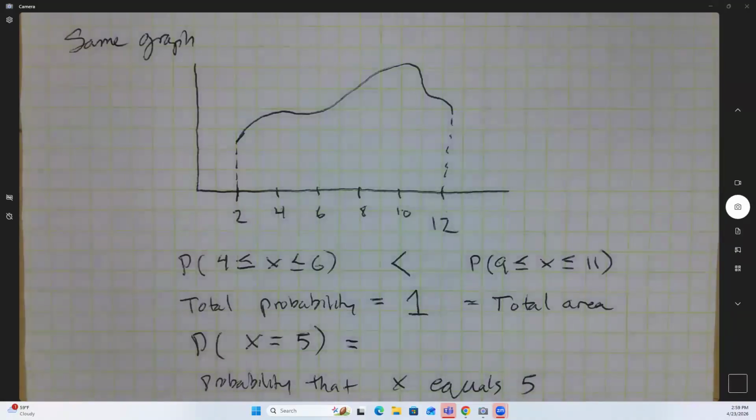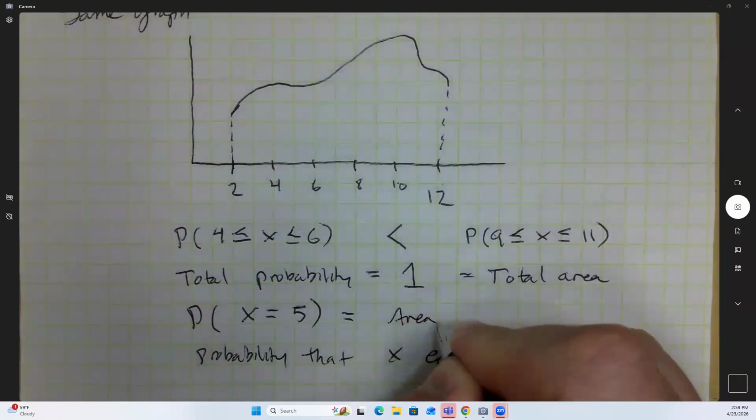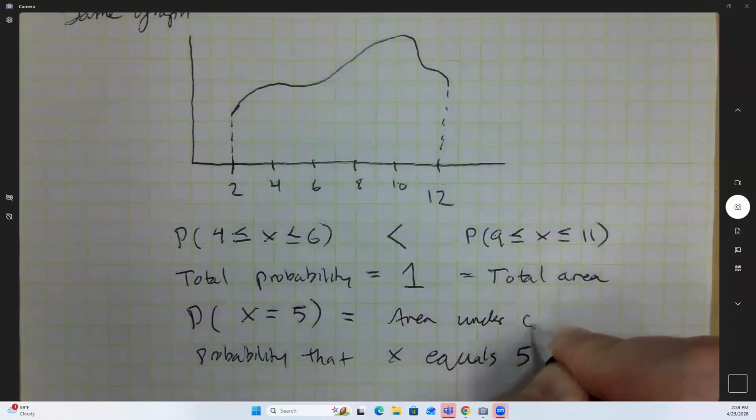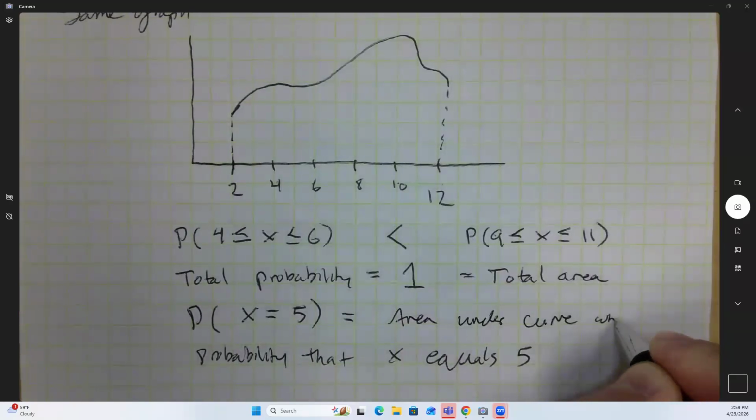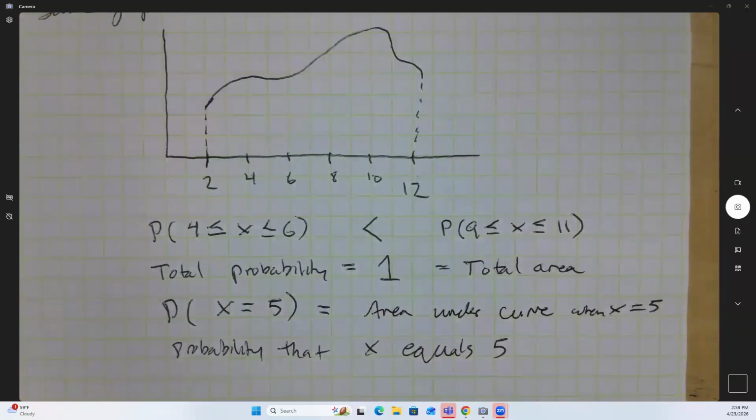So let's change that. How do we measure probabilities with continuous probability distributions? Area. So this is the area under the curve when x equals 5. So how do I draw the area under the curve when x equals 5?